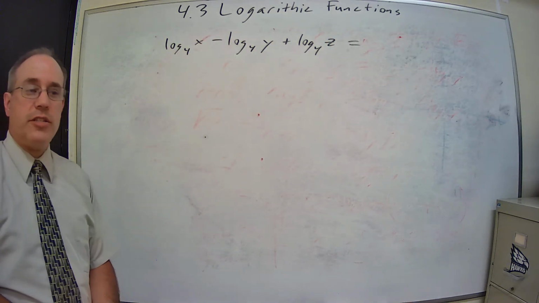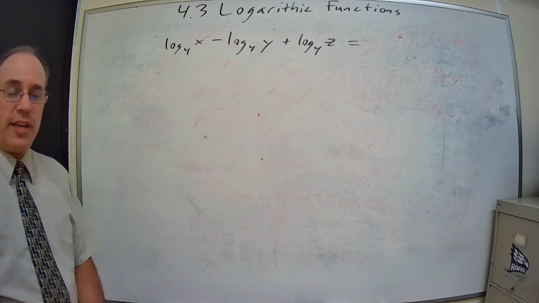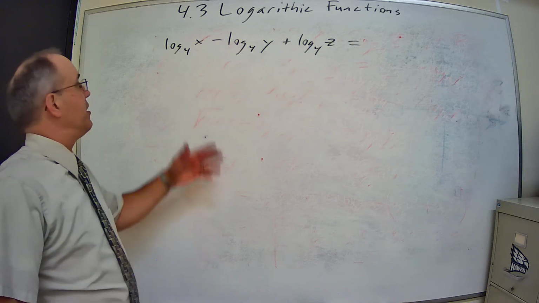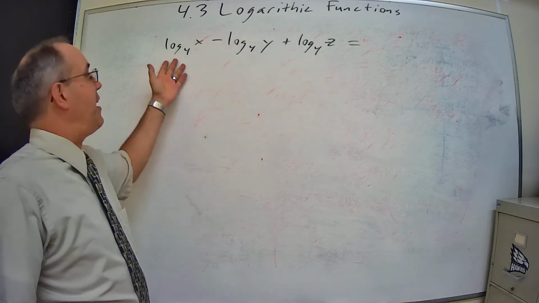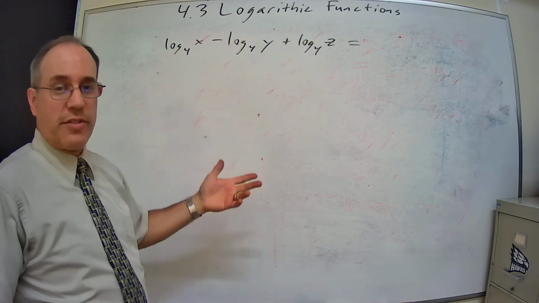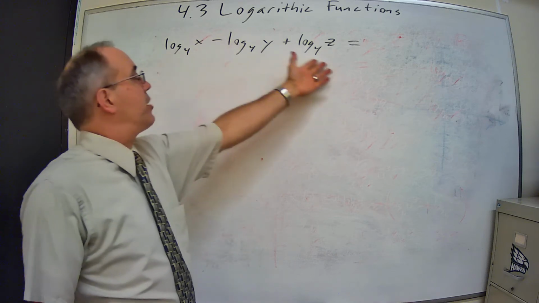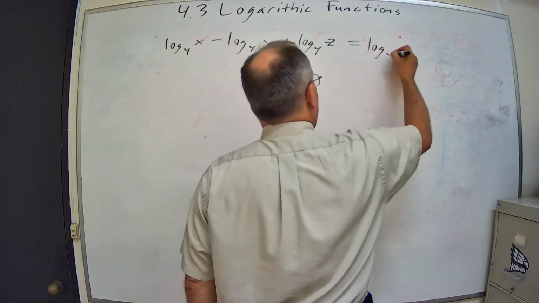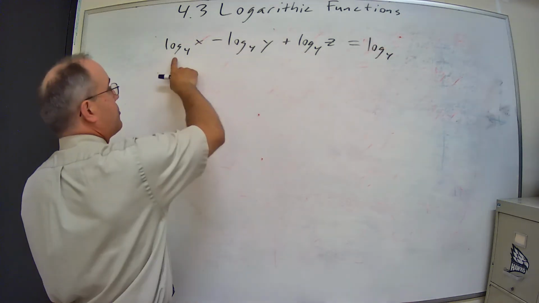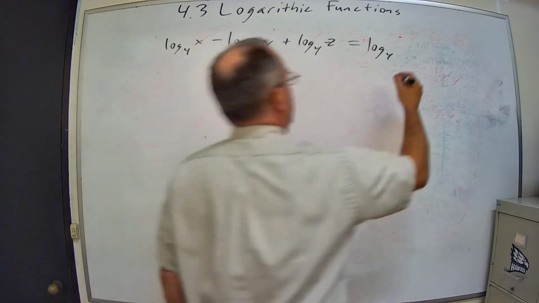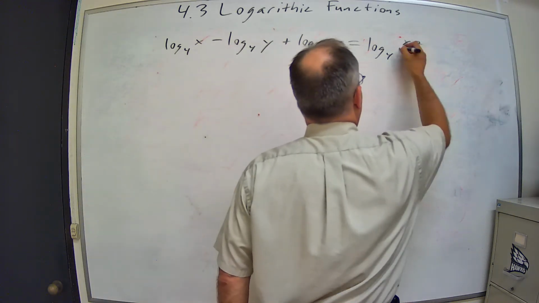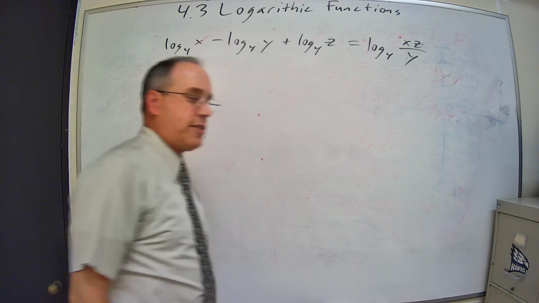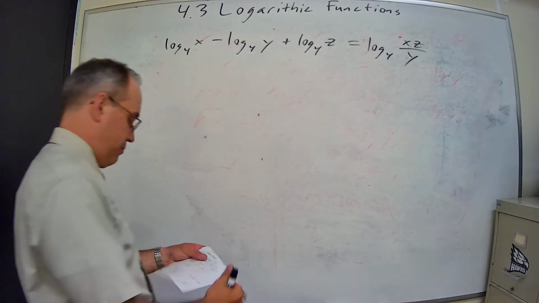Now remember what I just said about we can, if it's in the numerator, we add it. If it's in the denominator, we subtract it. Well, then we can pull this right from here. We can rewrite this as log base 4 of, well, that's plus, so xz over y, because the y was being subtracted.